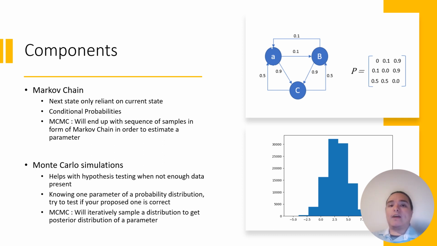So that's how the Markov chain is still applicable to the MCMC. And as for the Monte Carlo part of it, you will be sampling these Markov chains repeatedly up until that Markov chain actually reaches a stationary distribution. And so that's how those two things tie in.